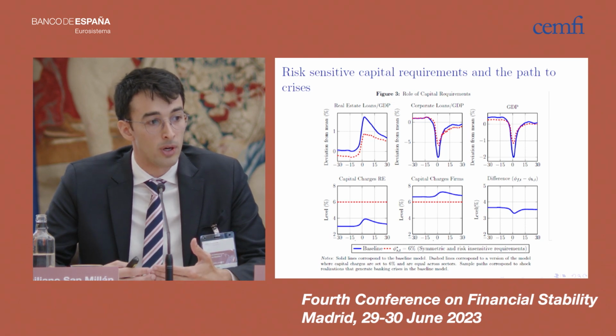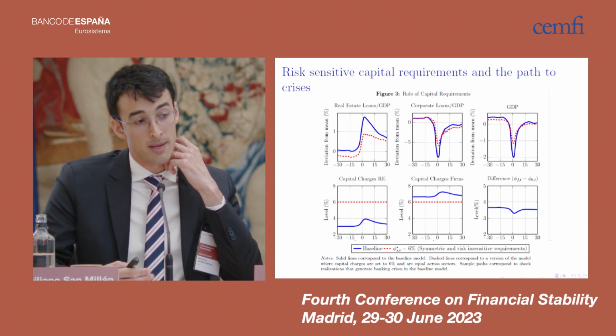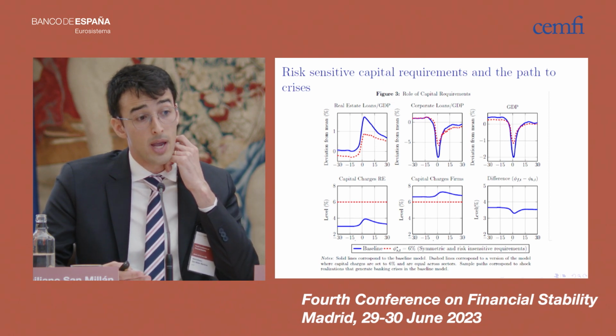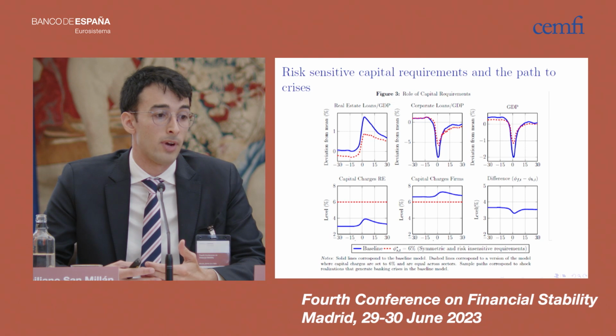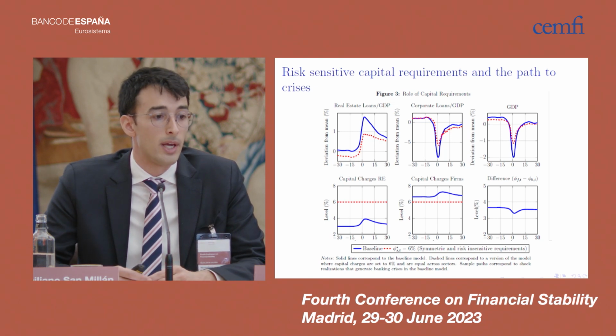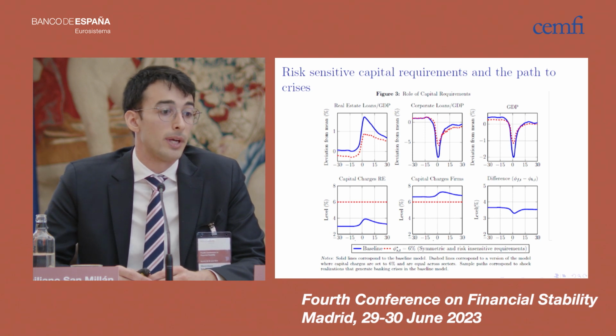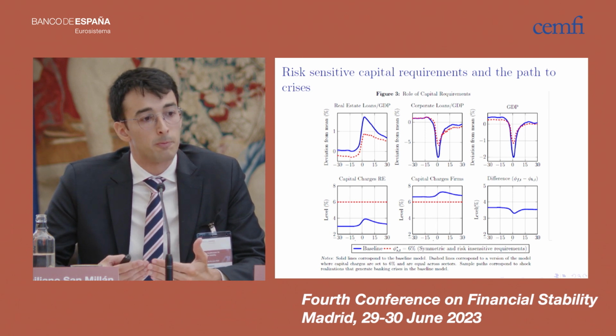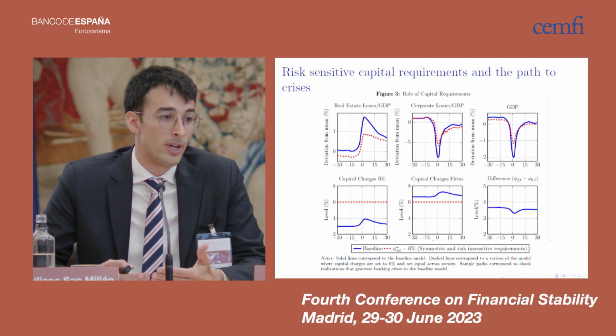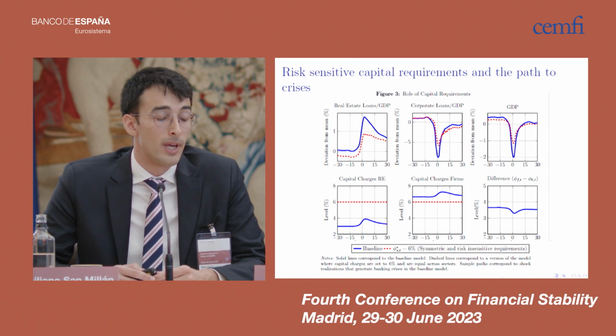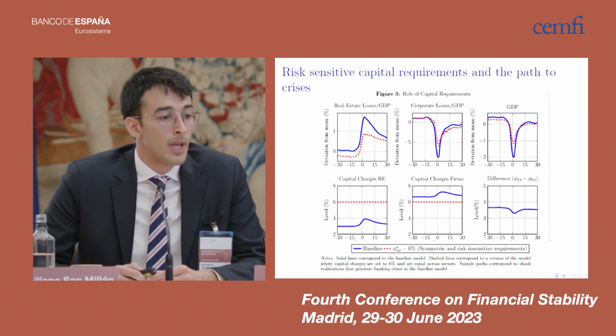So there is a smaller reallocation towards the more systemic sector. And this is essentially because we have removed artificially this difference between the requirements. Also, because of the lower reallocation in the corporate sector, we observe a smaller fall in GDP.